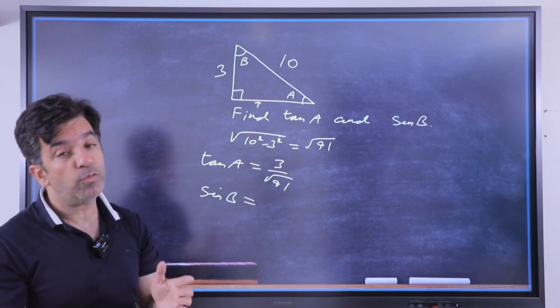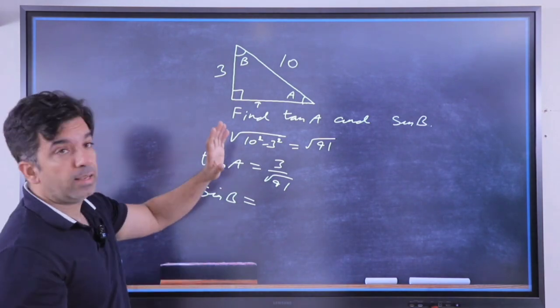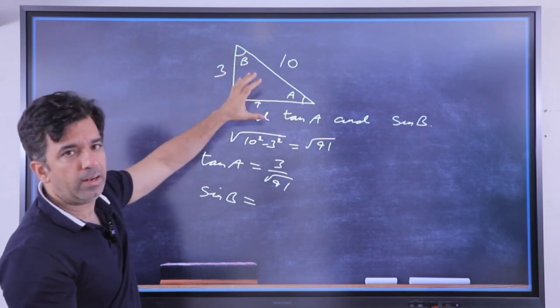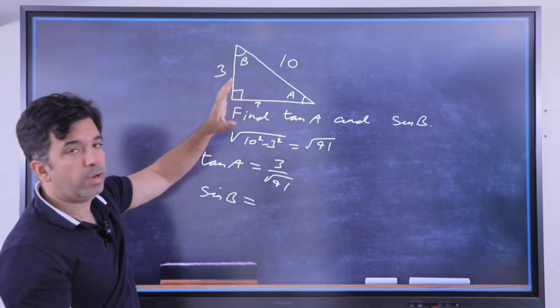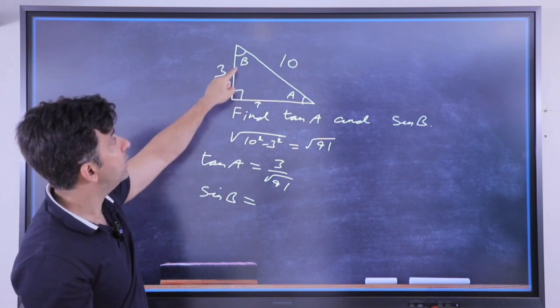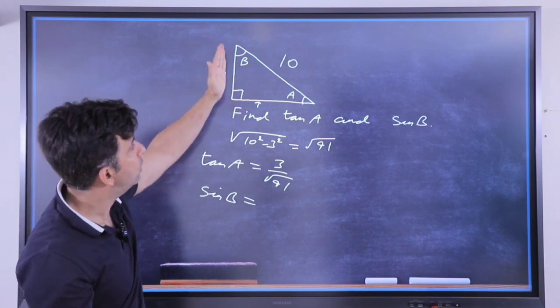So when we have to find sine B, are we able to see that in this same triangle, when we are discussing something related to this angle B, now this is the base.